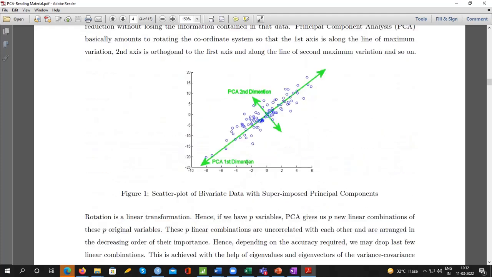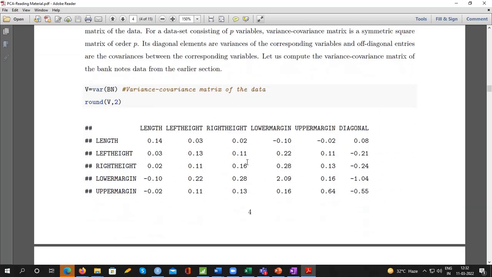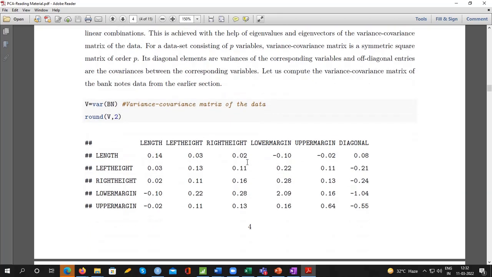Now let me go to the actual principal component analysis. We know that here all the variables are recorded in millimeters. So all the variables are in the same unit. If all the variables are in the same unit, then we can simply use the covariance matrix.